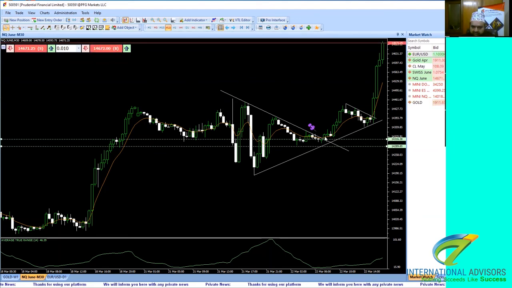Now if you buy here, so this is also below this support line because this is a valid support line, right? Because there is no price, even till now this is valid because there is no price action beyond this line, right? Okay. तो अगर आपने यहाँ buy किया है, so this could be your stop.